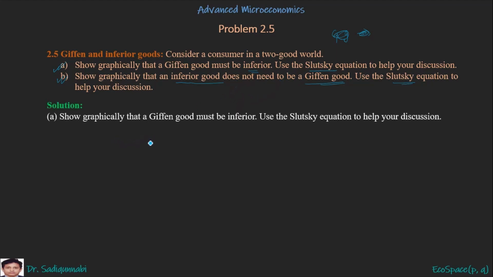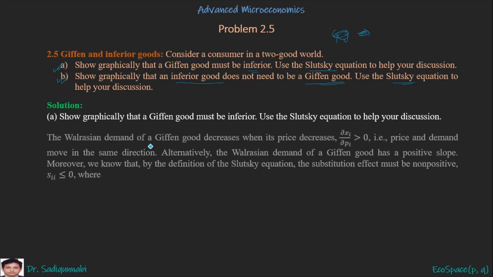Okay, so the Marshallian demand of a Giffen good decreases when price increases. This is the definition of a Giffen good. So ∂xi/∂pi is positive. Price and demand move in the same direction.